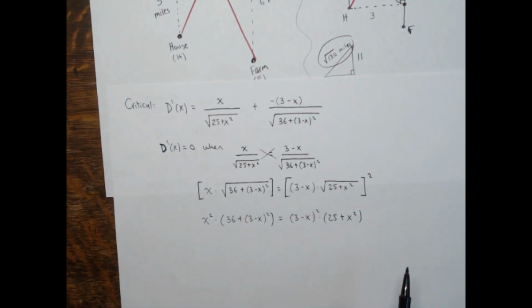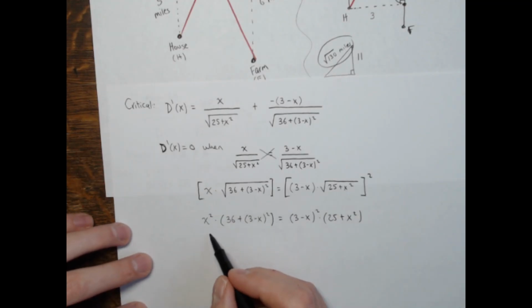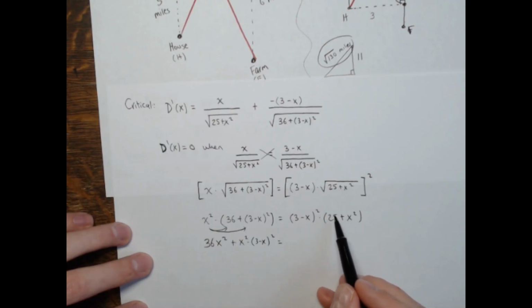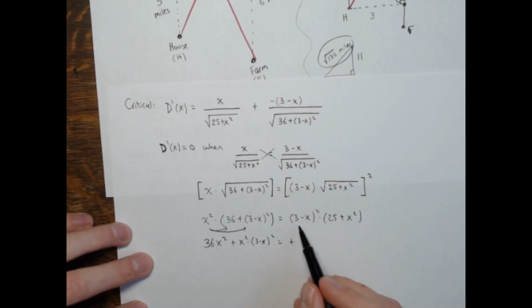And then if I multiply this out, so this would be 36x squared. So bear with me here. And plus x squared times this 3 minus x squared. And over here, I'd have positive 25 of that.